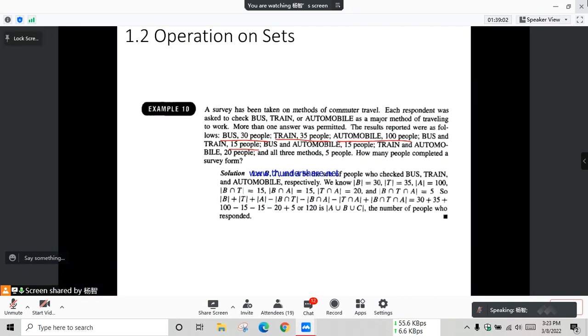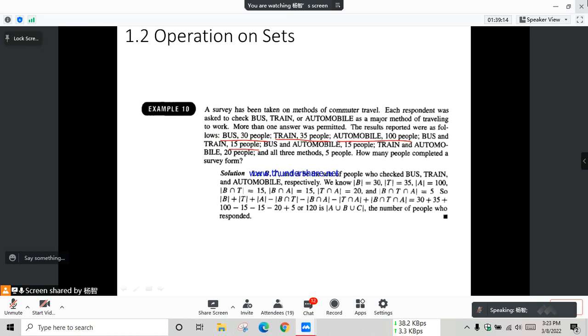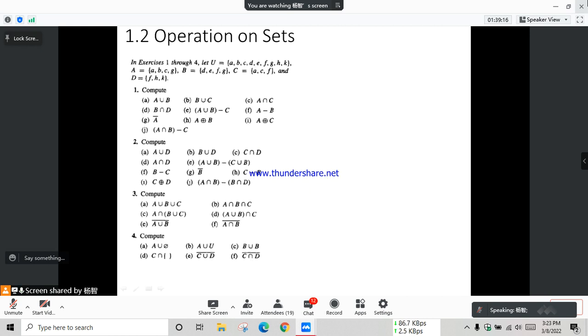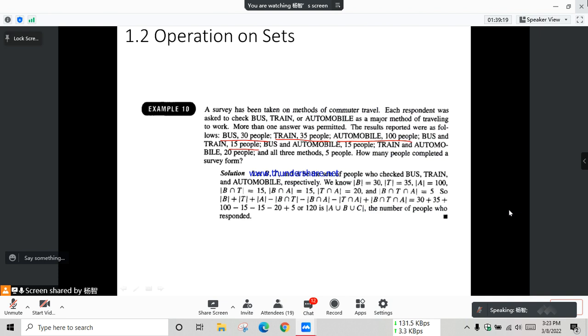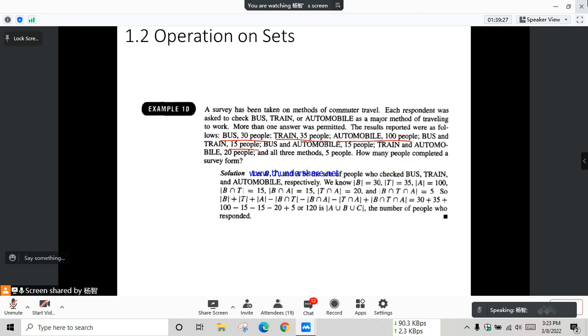Okay, and 12 people said they also take bus and take train. And 15 people take bus and drive a car.